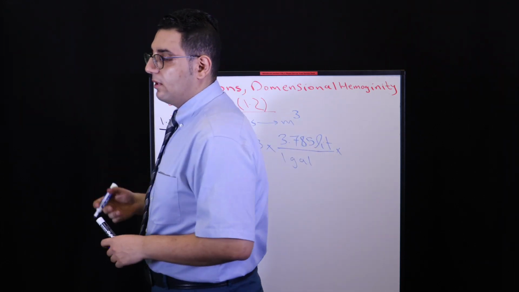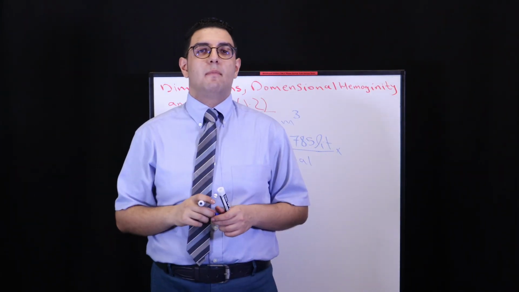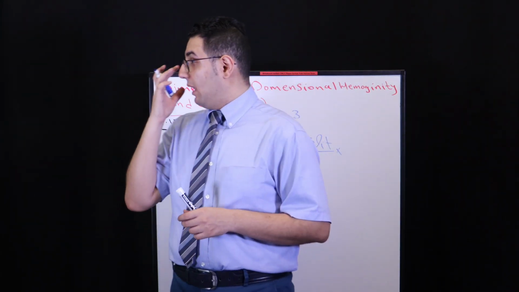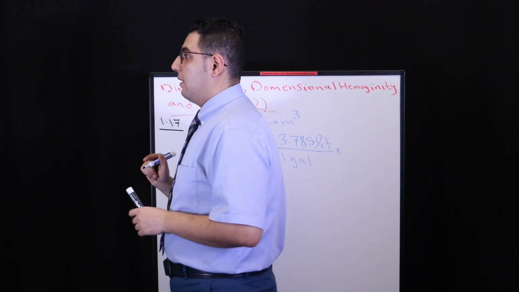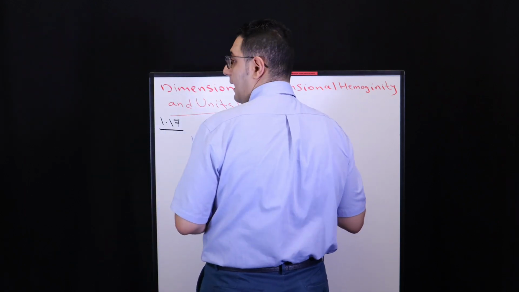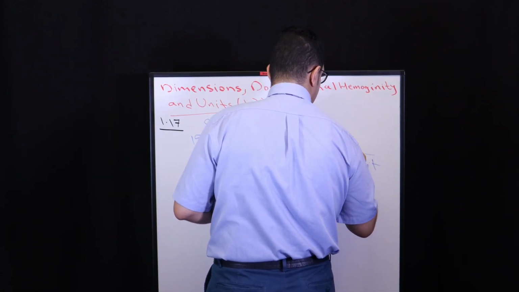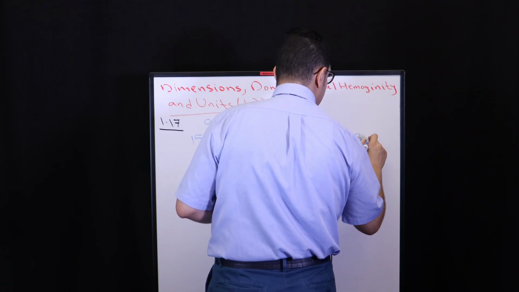You can have these unit conversions at the end of the book, which I have provided in the Telegram channel. 3.785 liters, and each liter is 10 to power minus 3 cubic meter.